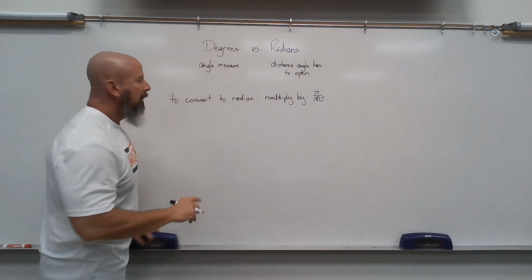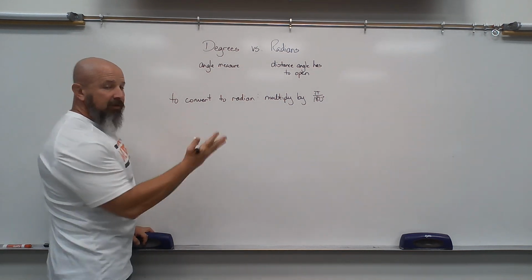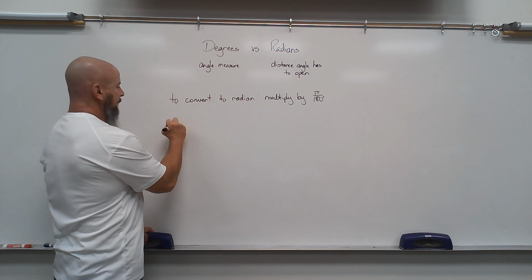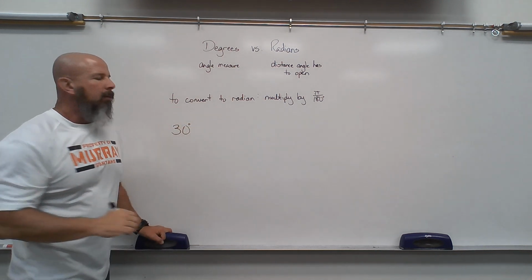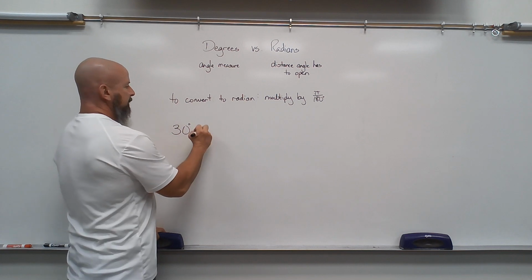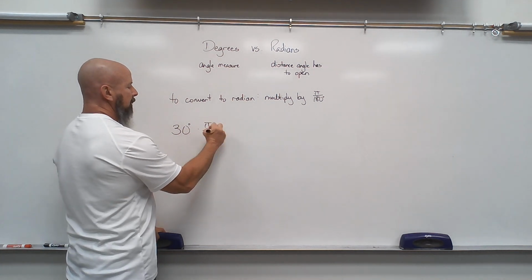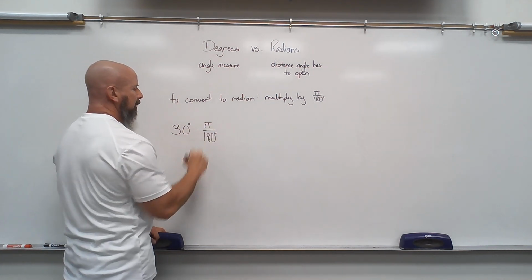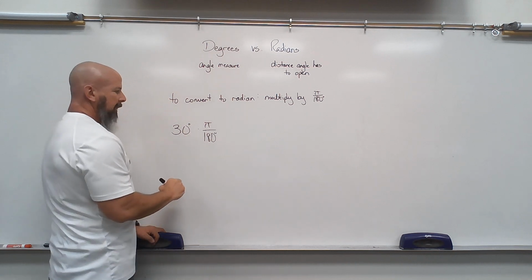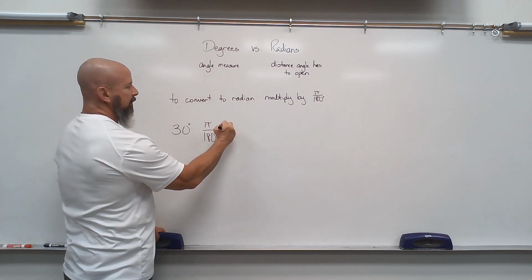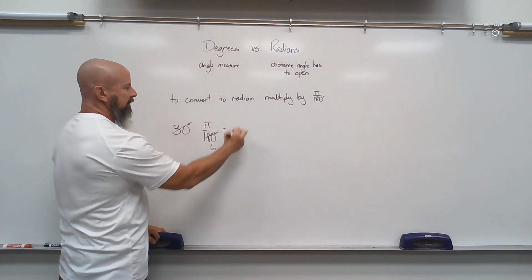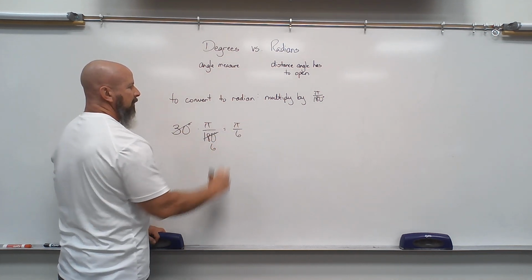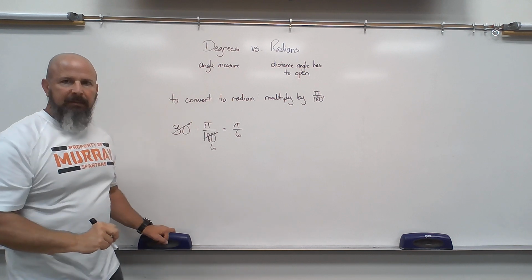So I'll start with that 30-degree angle that I had. If I want to take 30 degrees and convert this over, I'm going to multiply it by pi over 180. And this is where we can reduce the fractions. So 30 will go into 180 6 times. And there's where I got that pi over 6.